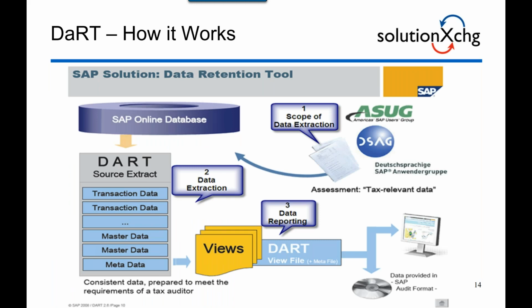So the 3 main categories of consideration around execution of the DART tool, data retention tool, is refining that scope, meaning DART comes with a predefined scope of fields, tables and fields that are thought to be relevant for traditional audit situations as determined by the ASAG group in the US and DSAG in Germany.